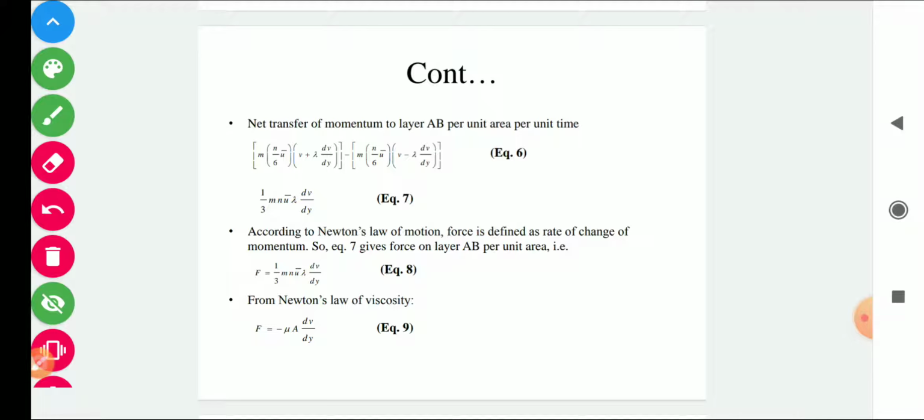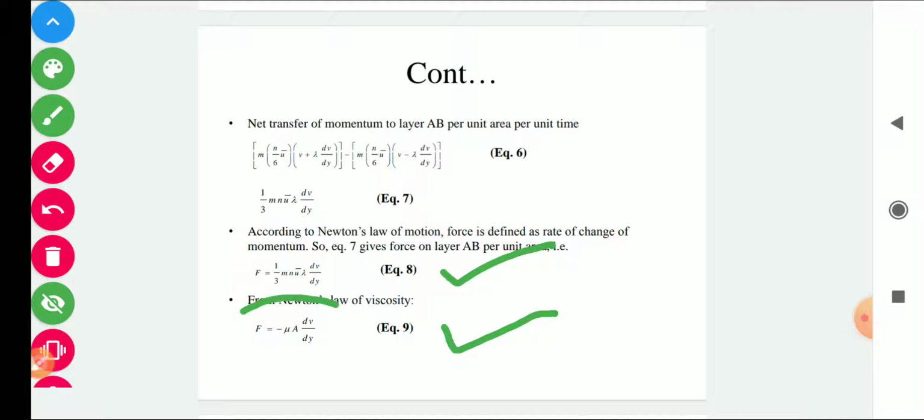Now we can use Newton's law of viscosity, F equal to minus mu A dv by dy. But this equation is force per unit area, and that equation indicates force, which is equal to minus mu A dv by dy.